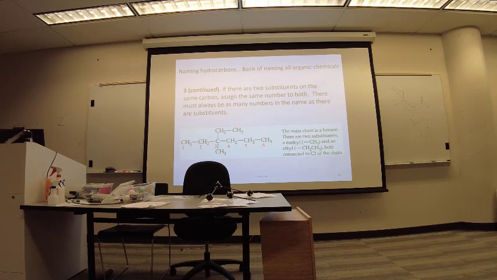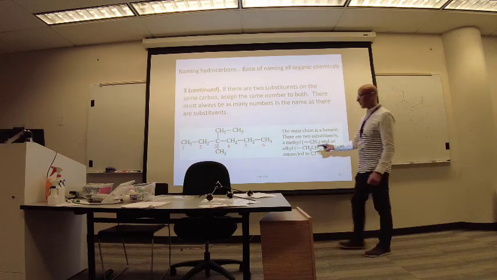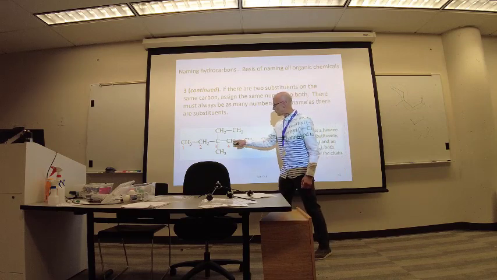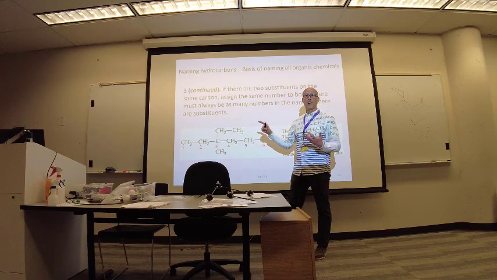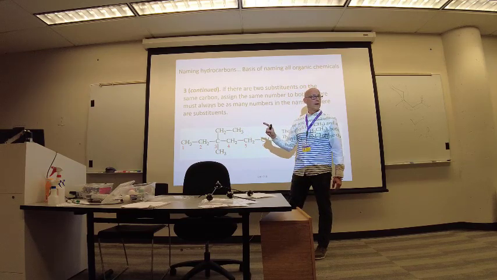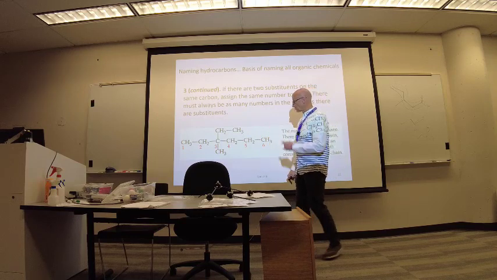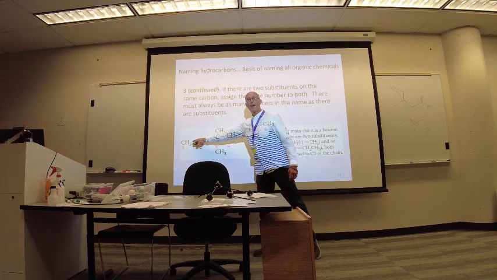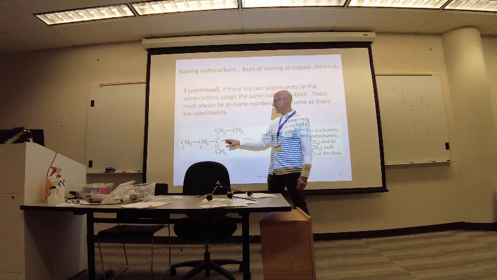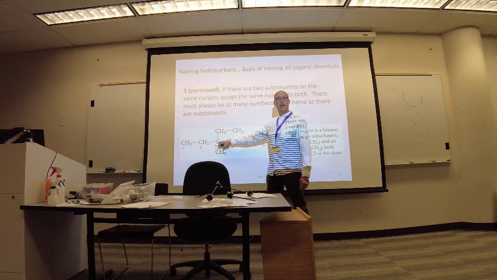Now they counted that as 6, but let's just confirm, is that right? Work around here. 1, 2, 3, 4, 5, 6. I can't get it any longer, but try it different ways. Do you understand what I'm doing? Now, if I count it around this way, or I count it around that way, it really doesn't matter because I'm still getting an ethyl branch at 3, and also a methyl branch at 3.